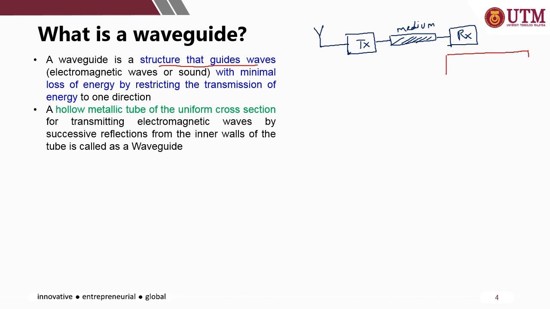For example, this is the structure. So we have the input signals, and the signal will be traveling into the structure. So this is a waveguide. Usually it travels inside the structure by reflection between the walls inside the structure and is then received at the end. This produces quite efficient transmission with minimal loss of energy by restricting the transmission from one end to another.